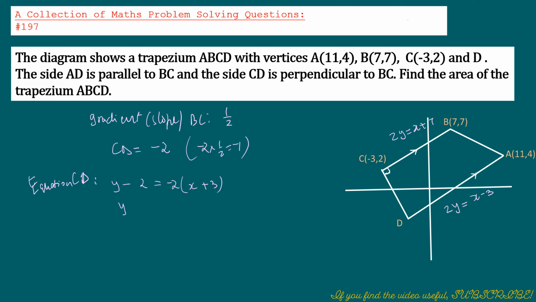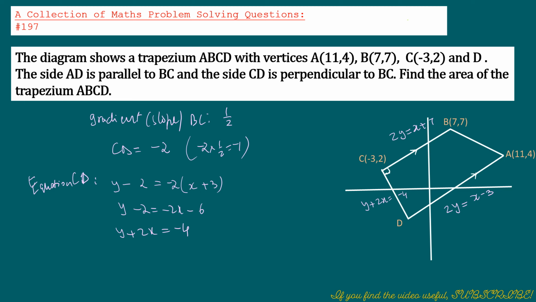So we get y minus 2 equals minus 2x minus 6, so y plus 2x equals minus 4. So that is the equation of the line CD.